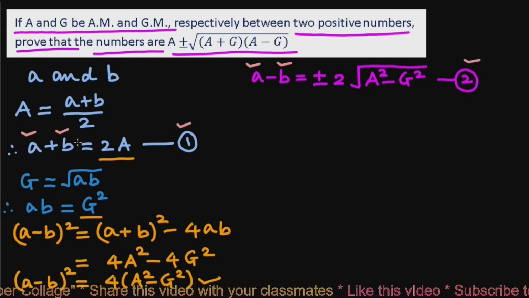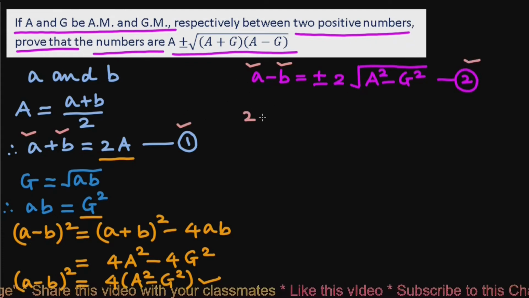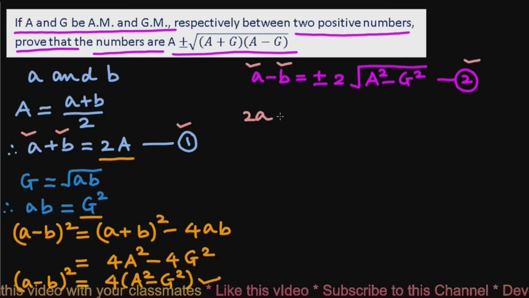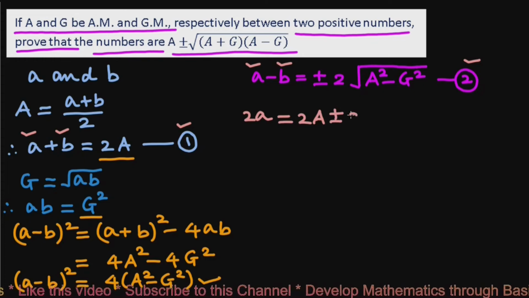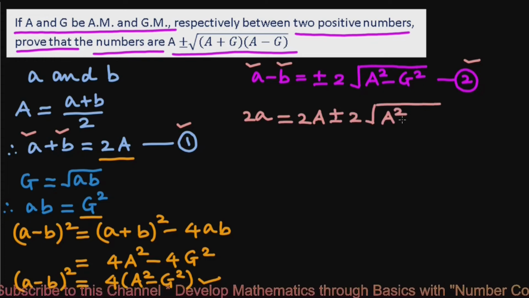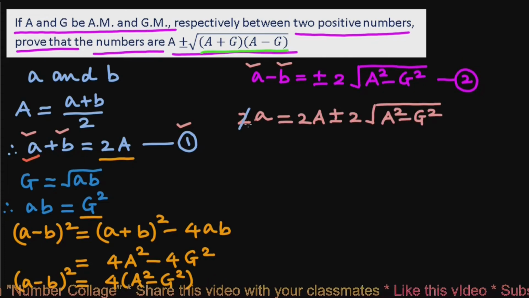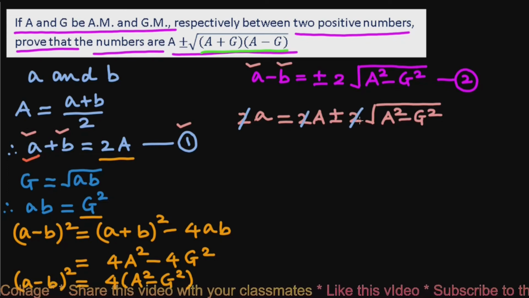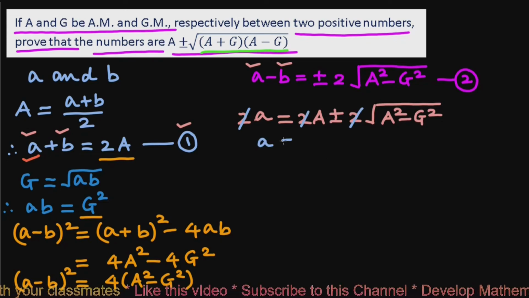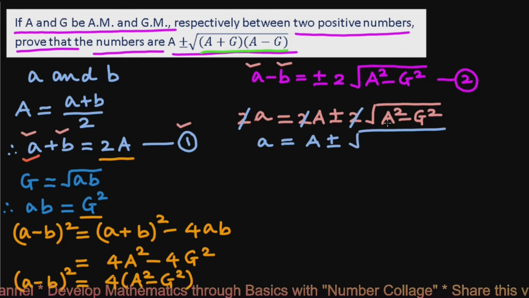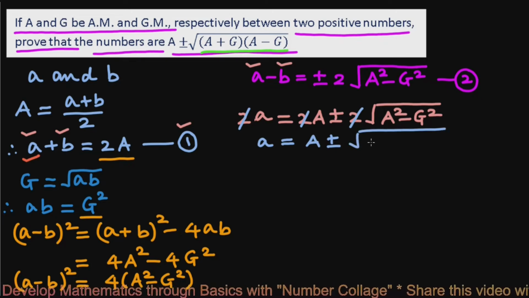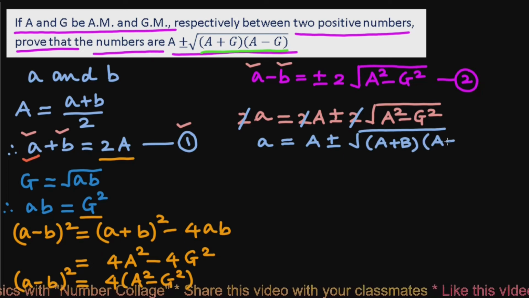So this a plus a will be 2a, b minus b will be 0, that equals 2A plus minus 2 square root of A square minus G square. Cancelling this 2 from both sides, we get a equals A plus minus. Here we will factorize A square minus G square as (A plus G) into (A minus G).